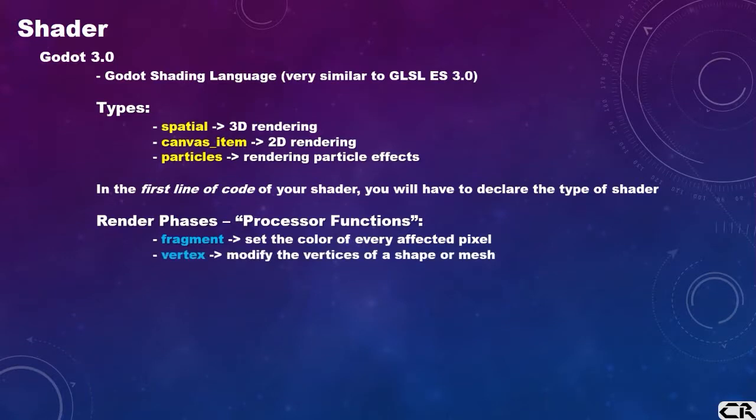The processor function vertex is used to modify the vertices of a shape or mesh, and thus is typically used more in 3D applications. The processor function light is used to alter the way light is processed for an object.